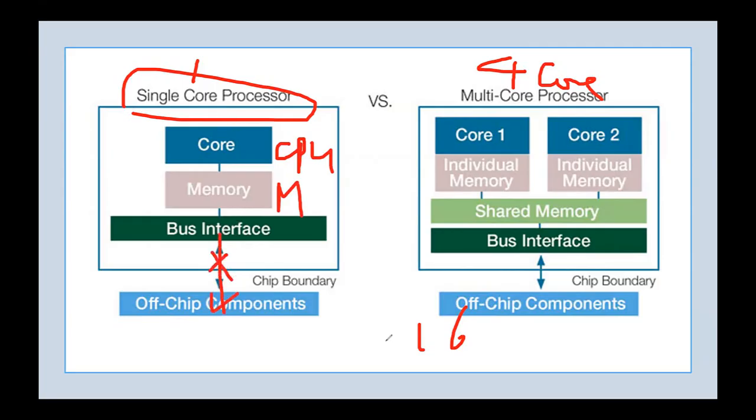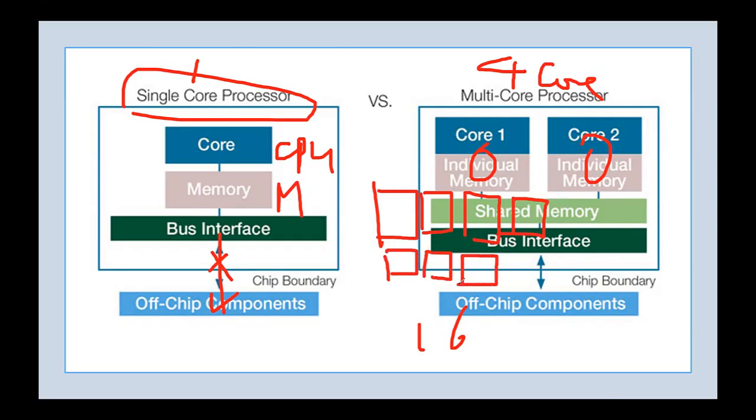If you have multiple CPUs and memories, with shared memory and a system bus, like 4 by 4, 16 processors put into one CPU, that's called a multiple core processor.